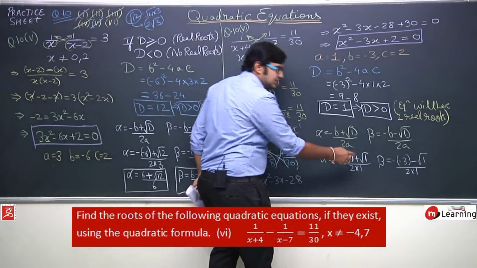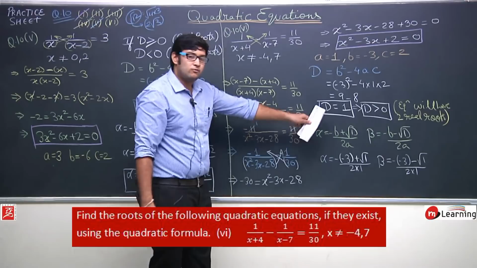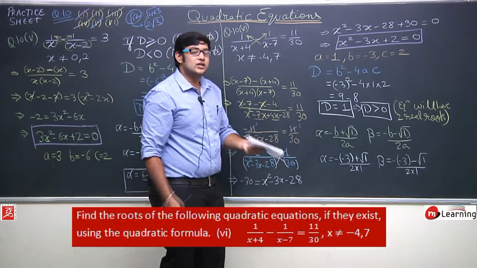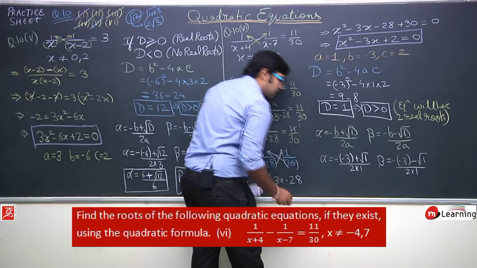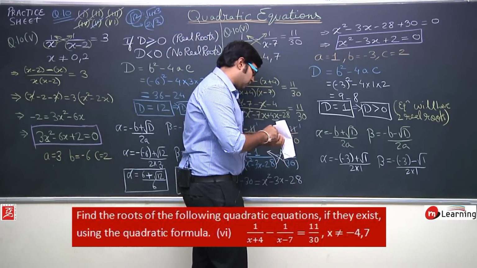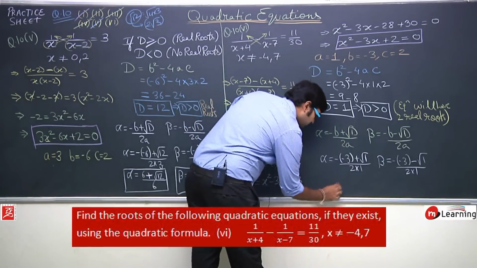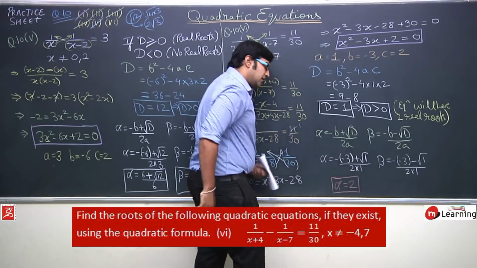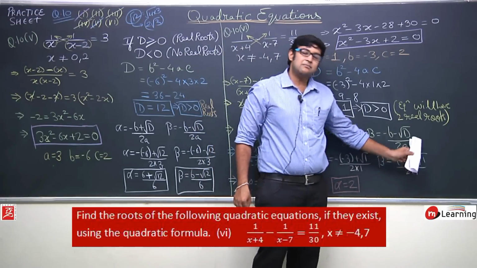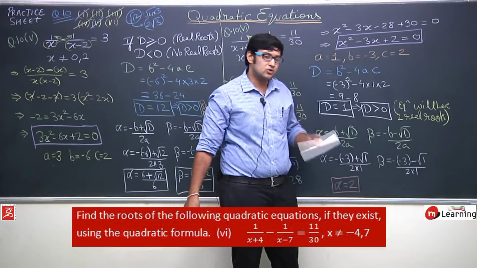This is minus of minus 3 means plus 3, and root of 1, square root of 1 is 1 only. So 1 plus 3 is 4. 4 by 2 will give you 2. So the value of alpha that will be obtained from this expression is equals to 2. Okay, and here this will be 3 minus 1 is 2, 2 upon 2 is 1.